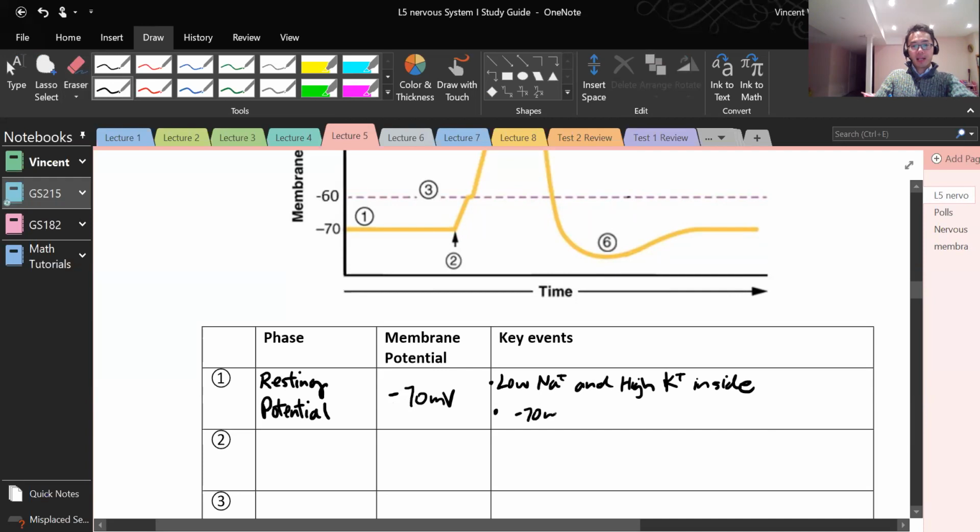The -70 mV is established by the sodium-potassium pump. Two potassium in, 3 sodium out for every cycle.